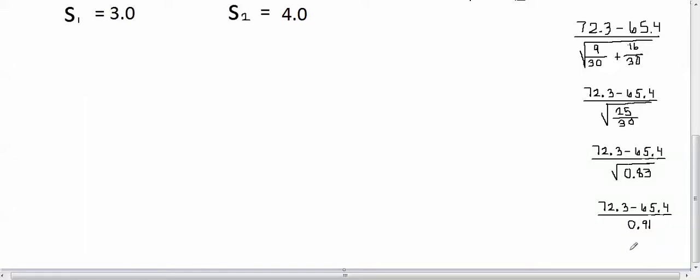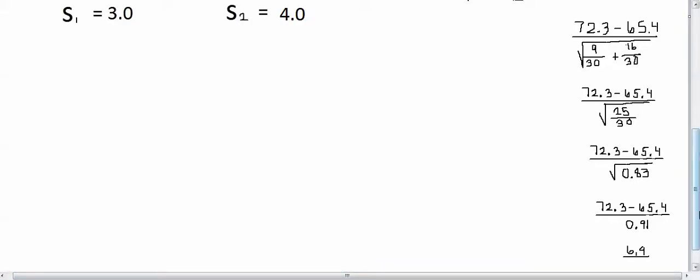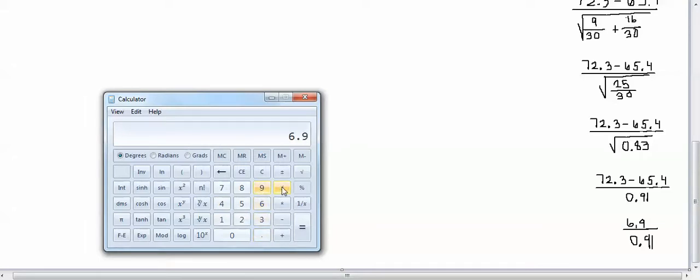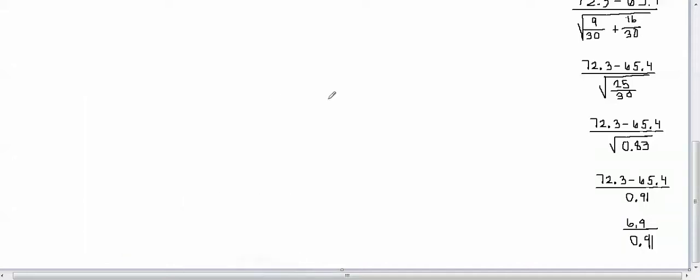It's 6.9. So all we have left to do is just divide 6.9 by 0.91. And we get 7.58 as the t-score.